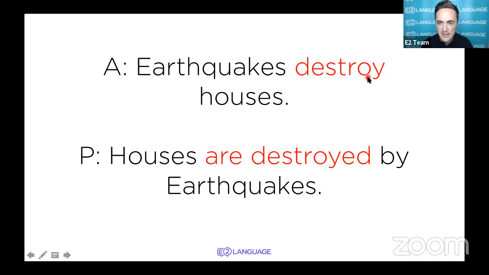If it was destroyed, yes, it'd be were destroyed and it would match. Also, I saw somebody write houses is destroyed, but it's houses are destroyed. You need to think about how many there are in the subject. Is it one or more than one?